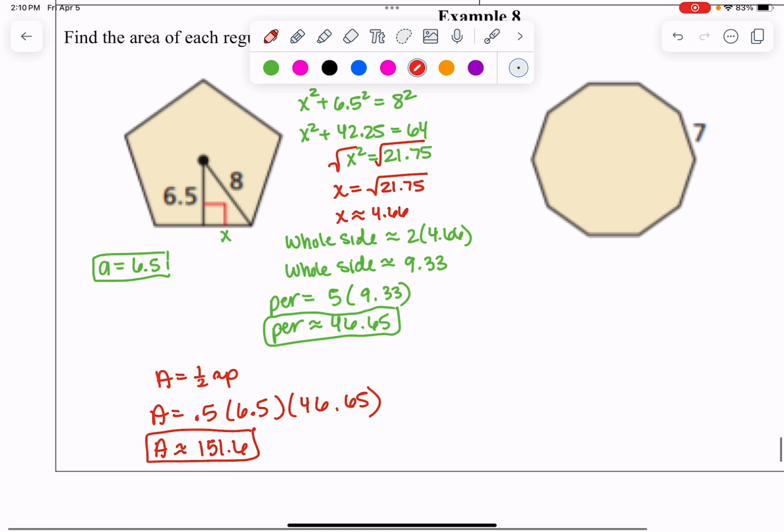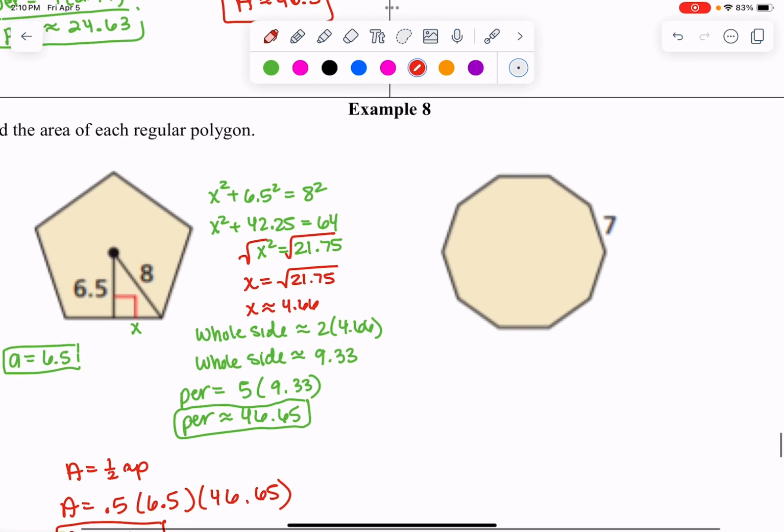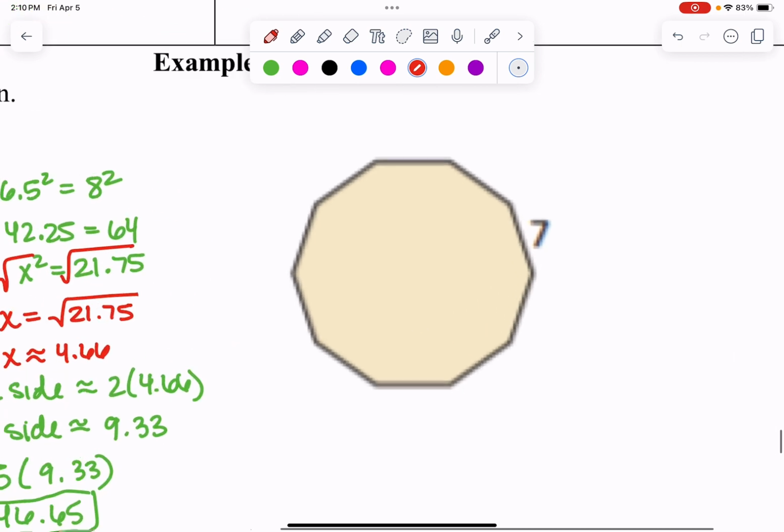And let's go ahead and try one last problem, a second one here in example number 8.